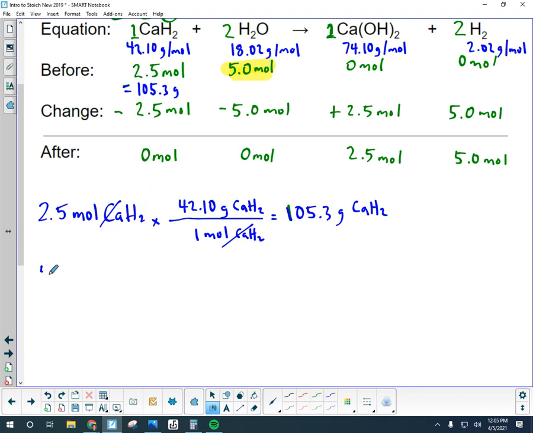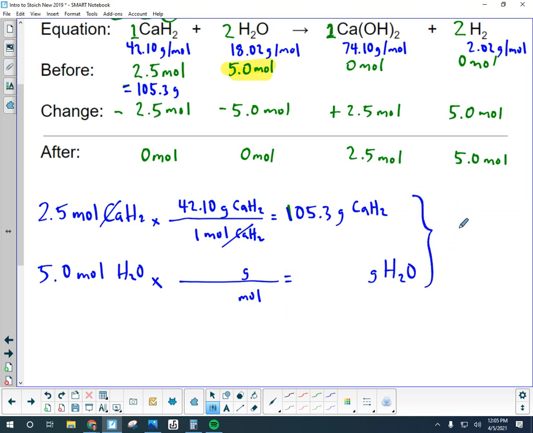So I want to convert 5 moles of H2O to grams of H2O, using the grams per mole conversion. Adding those up should give me the total mass before anything happens.